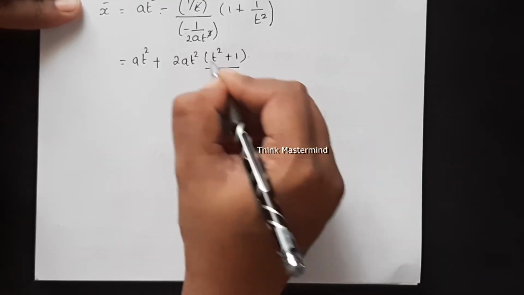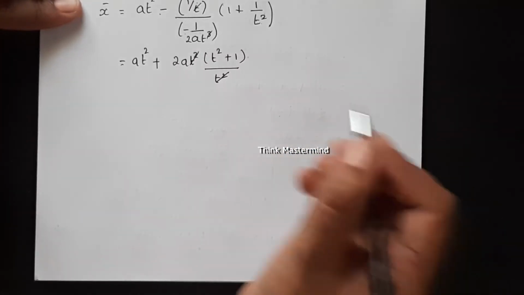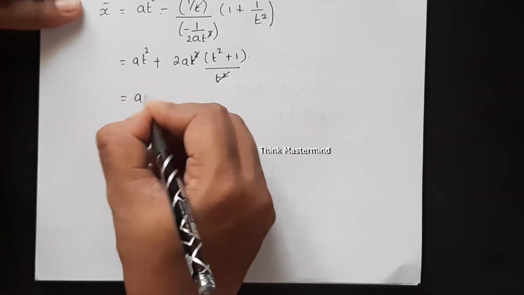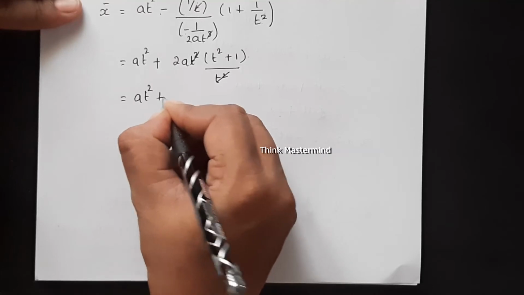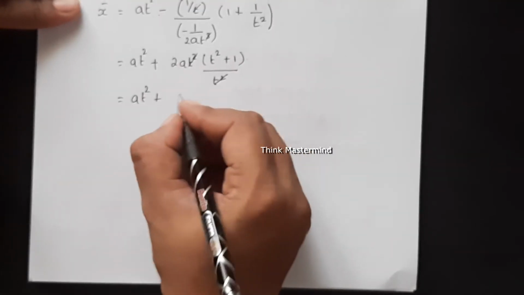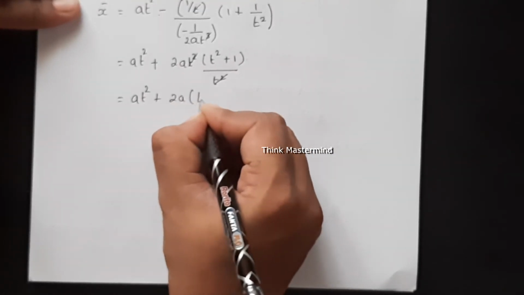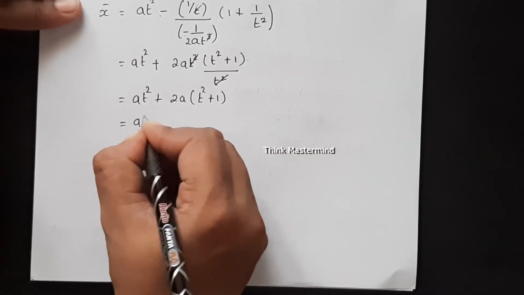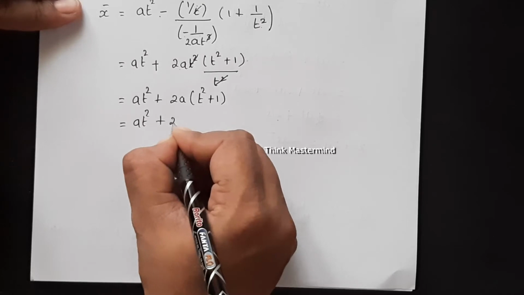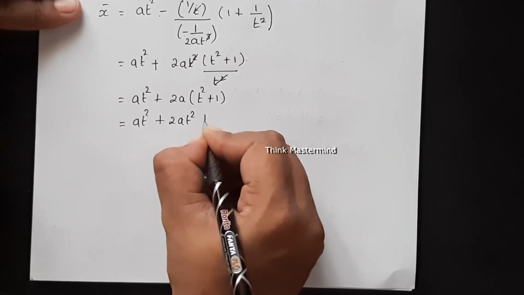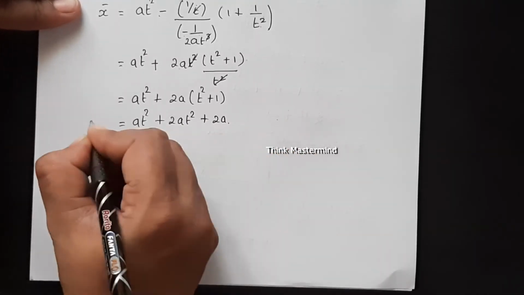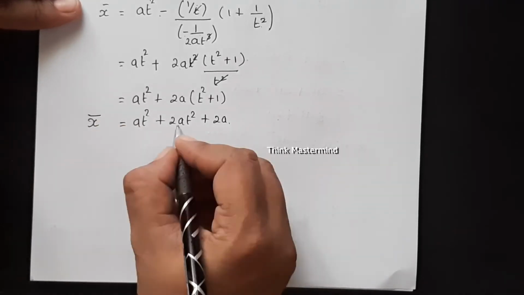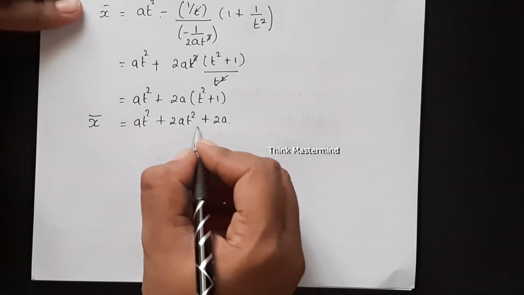Now the t squared are cancelled, that is equal to a t squared plus 2a into t squared plus 1. Again you can write this as a t squared plus 2 times of a t squared plus 2a. This is x bar. From this I have to find what is the parameter value t.